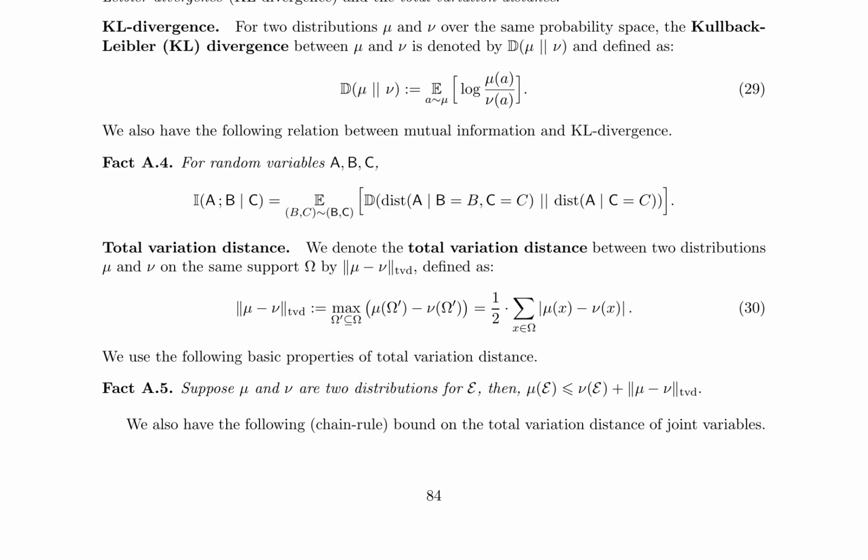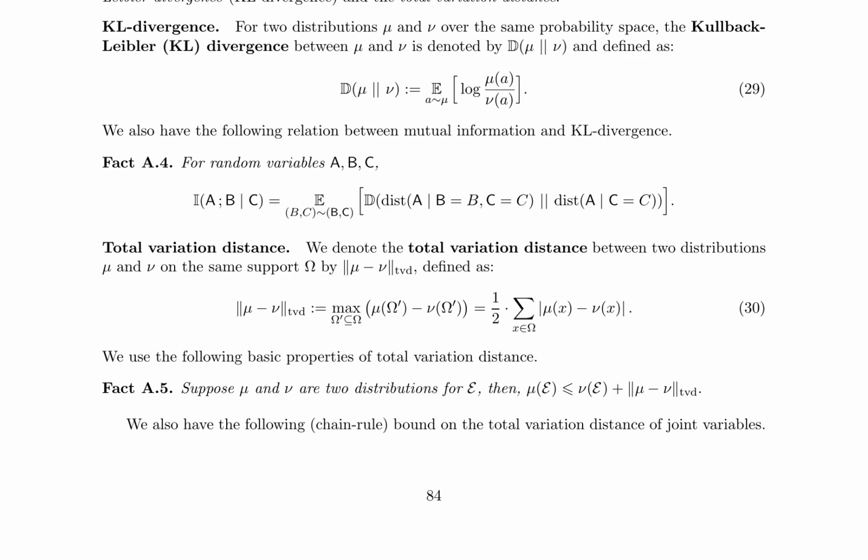The total variation distance between mu and nu is defined as the maximum over subsets omega of |mu(omega) minus nu(omega)|, which represents the maximum difference between the probabilities assigned by mu and nu to any event.